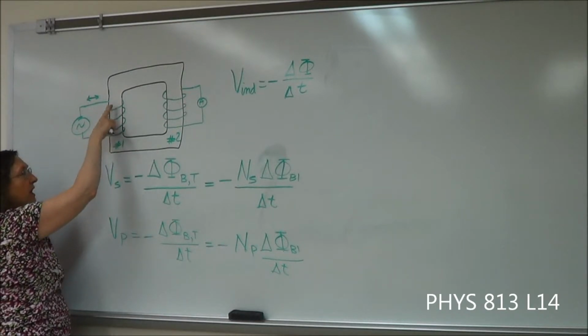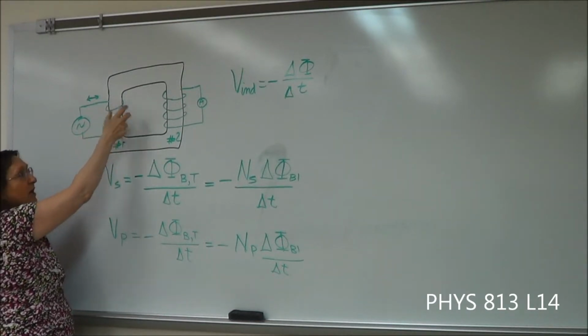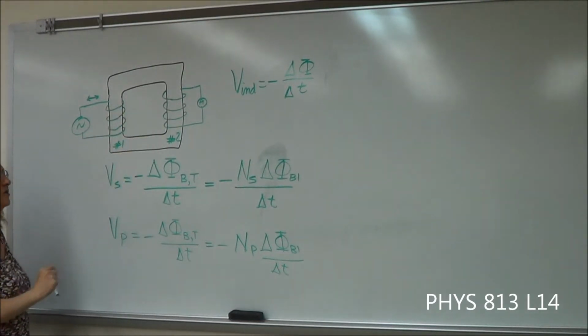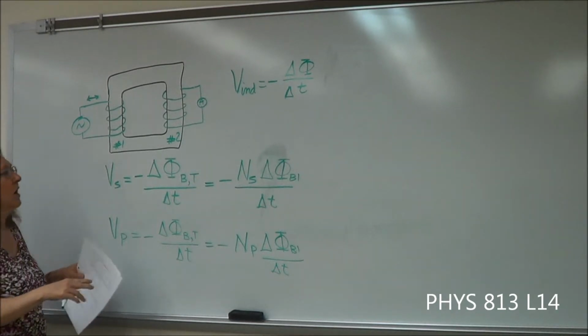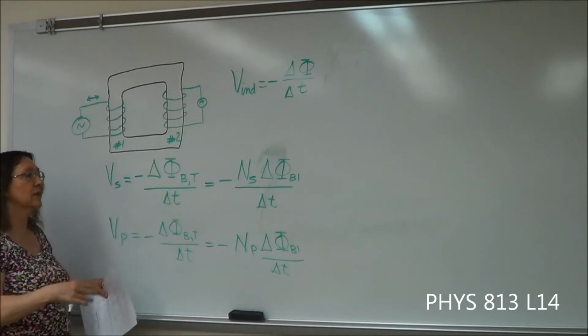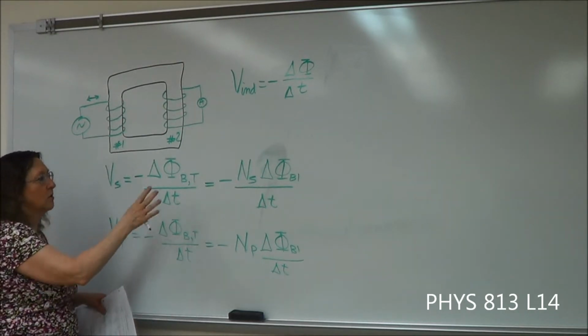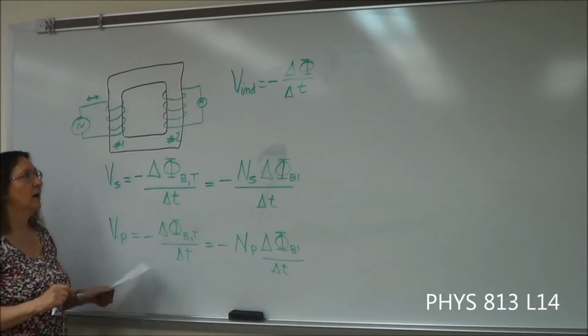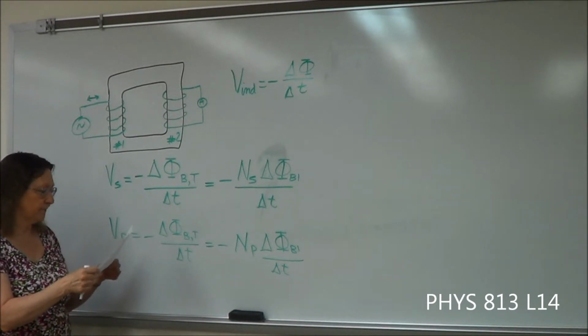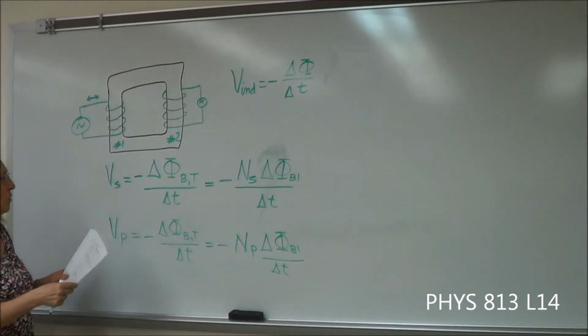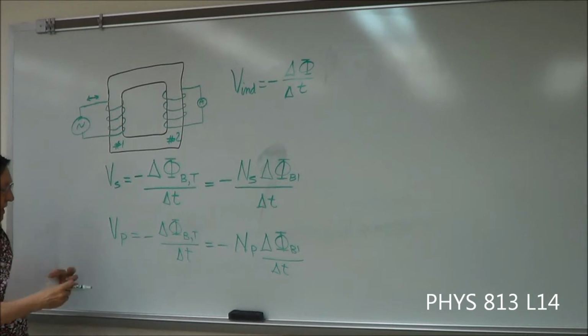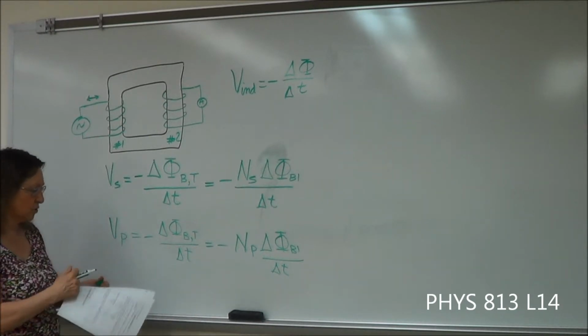I don't think you will find ones with a big side here and a little side there. They generally are the same on both sides. If you had one that really was different, then you would have to derive some other equations.